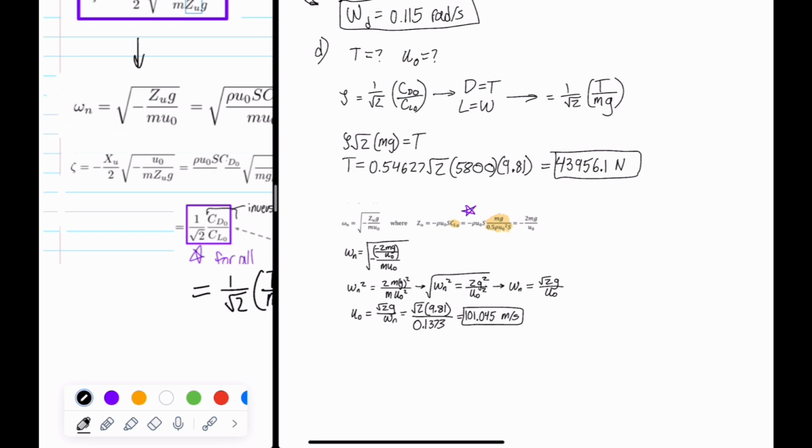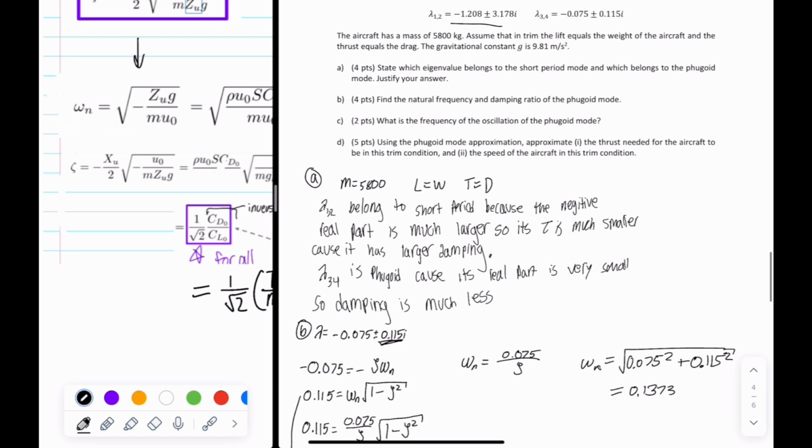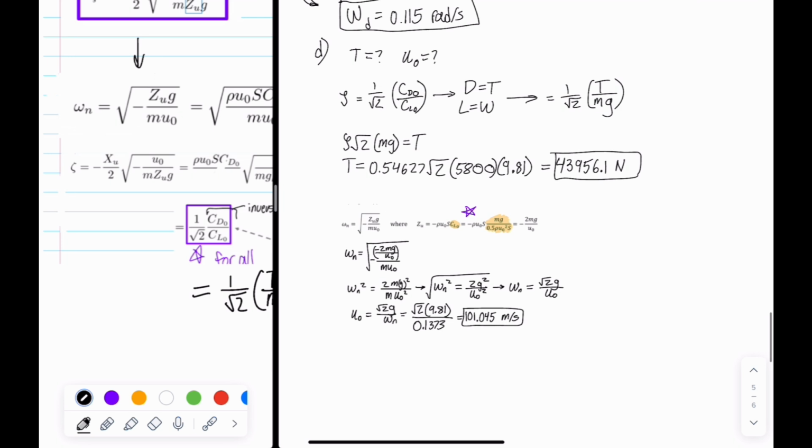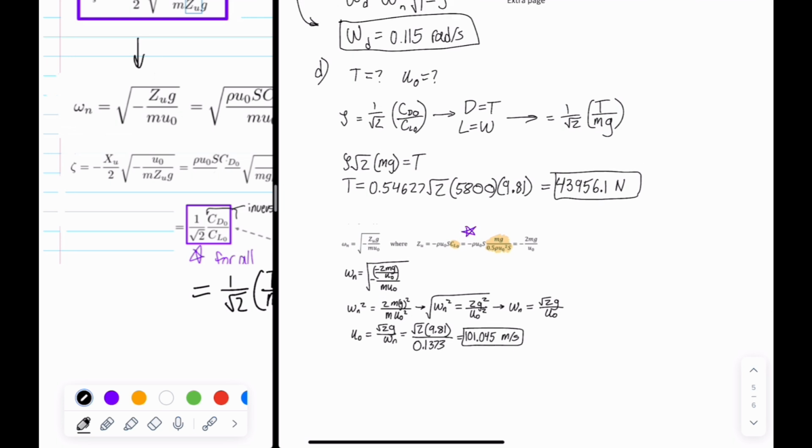And then I know that since drag equals thrust and lift equals weight, because they told me that, I can replace this with thrust and this with weight.